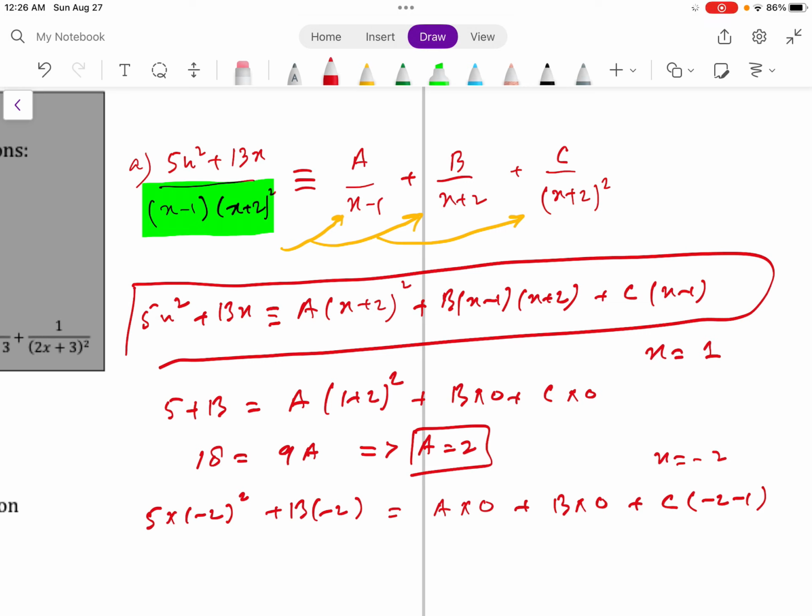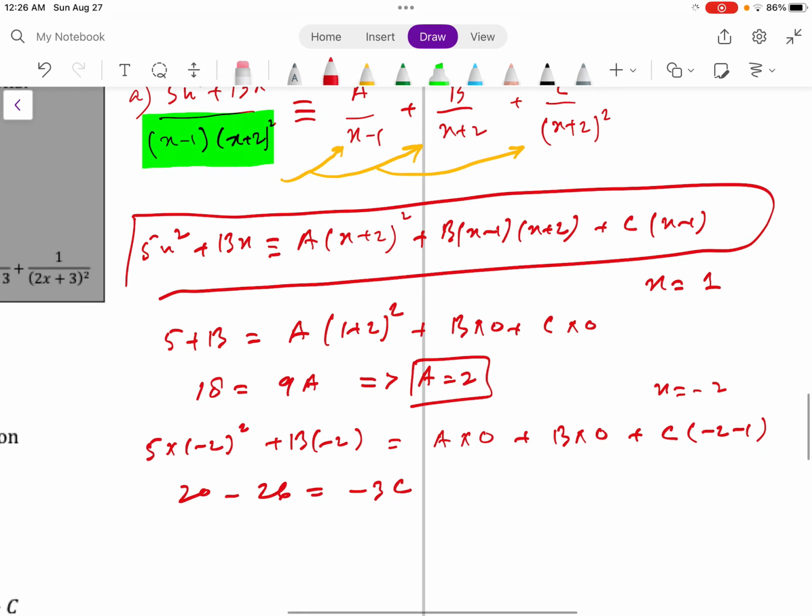This gives us 4 times 5 is 20, plus 20 minus 26 equals minus 3C. This gives us minus 6 equals minus 3C, and C is 2. You get C.